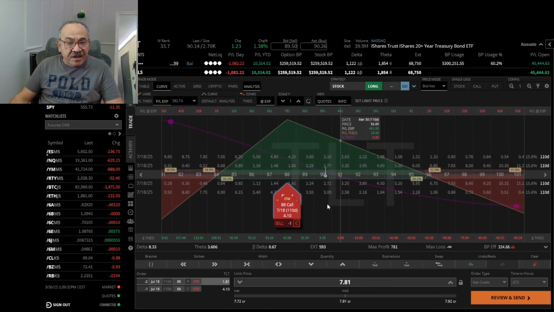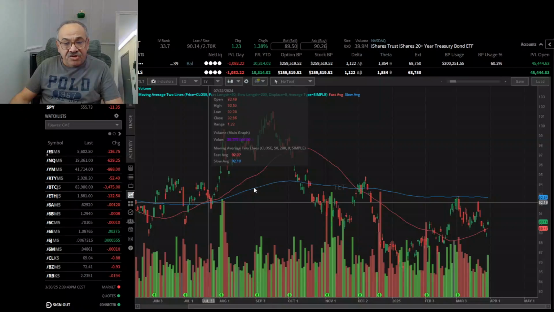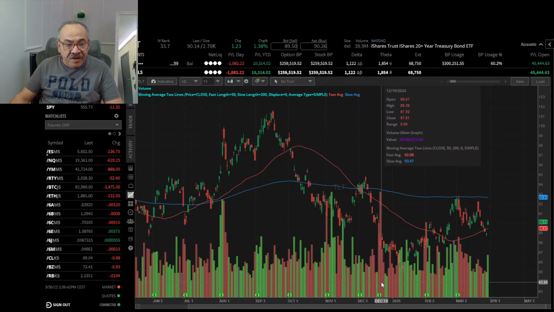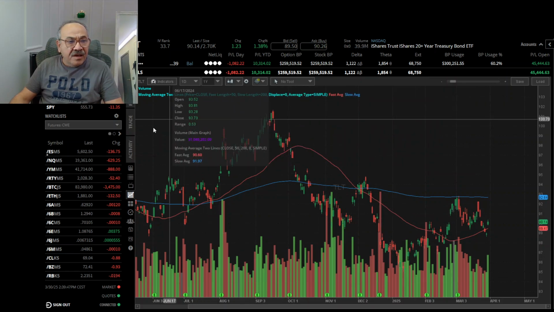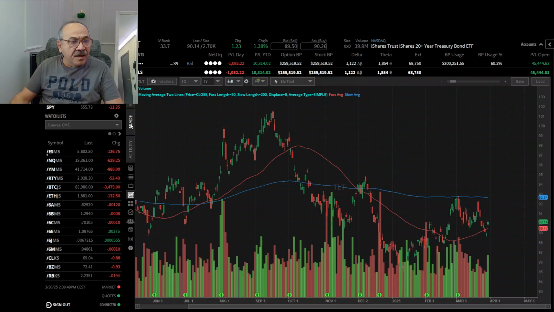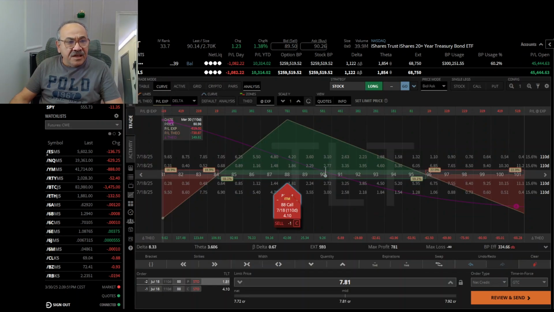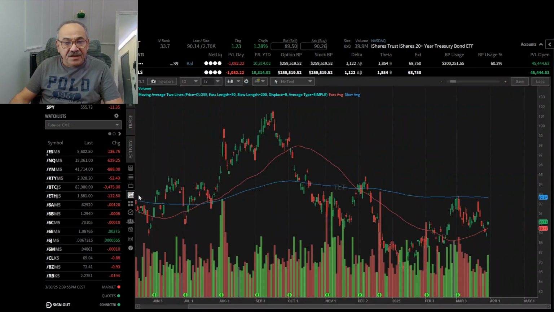This is how that structure looks, and you see that this structure is covering the interval from 84 to 96. If we look at the chart, 84 is much lower than our range, and again, the upside is 96.